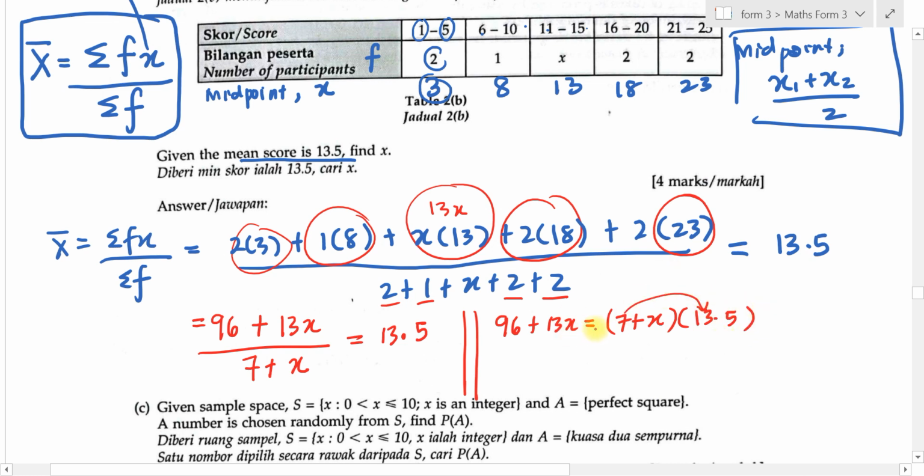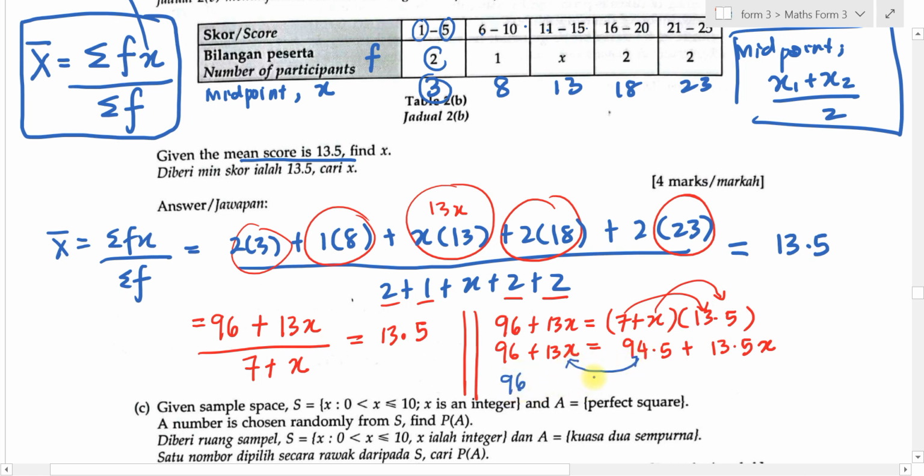So 13.5 times 7 is 94.5 plus 13.5x, equal to 96 plus 13x. Now we have x on both sides. So move the smaller x, interchange with the whole number there.